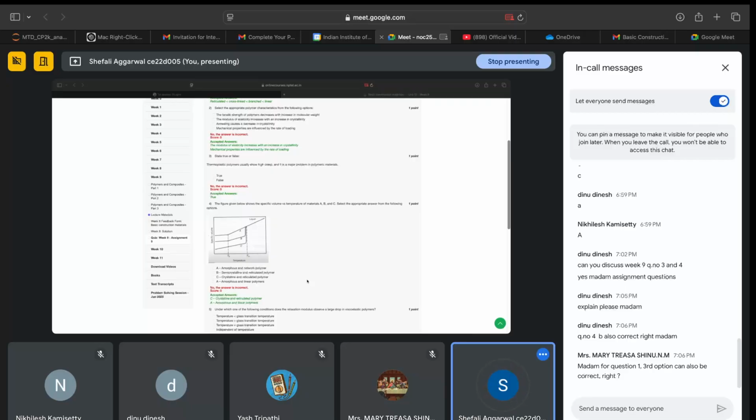But this B graph is mainly for semicrystalline material, not for reticulated polymers. That's the catch in this question. It is correct for semicrystalline polymers, but not for reticulated polymers. Reticulated means those network types of polymers we saw in the last lecture, where we form complete networks.